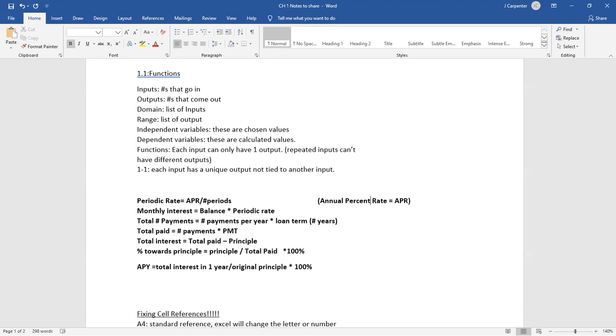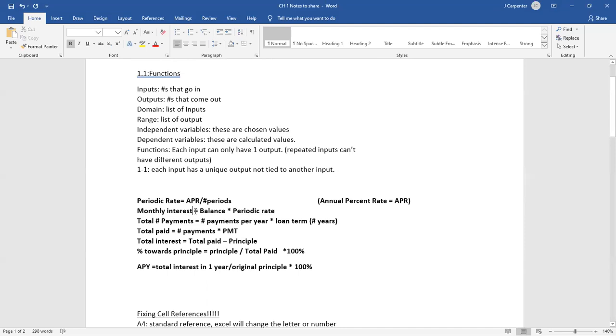So periodic rate is you take the annual rate and divide it by the number of periods. So if you want to pay daily, you divide by 365 or 360 in some instances. I'll explain that in a minute. Monthly interest. How do you calculate the monthly interest owed, depending on which side it is? Well, you take the balance of the loan or savings account and you multiply it by the periodic rate.